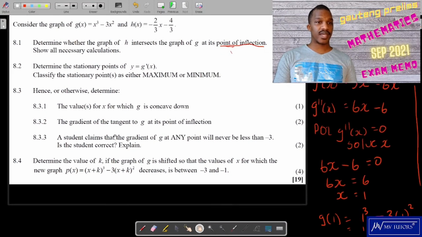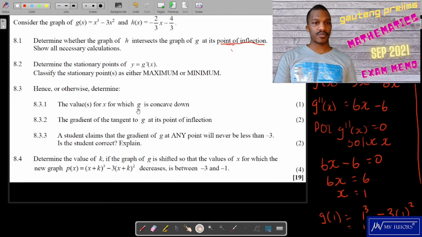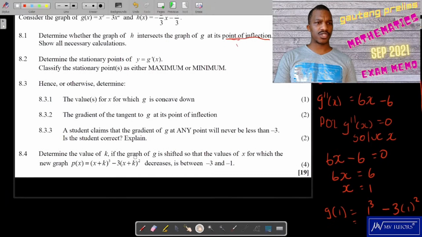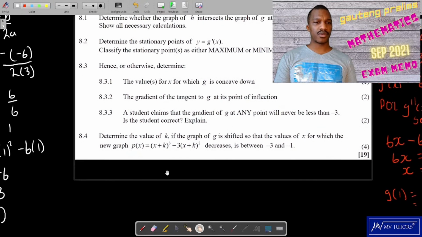It says, hence or otherwise determine the values of x for which G is concave down. So now it's talking about the actual graph of G. What's the graph of G? Oh, it's the cubic graph. Okay, so there are a few things that we need to know about cubic graphs.